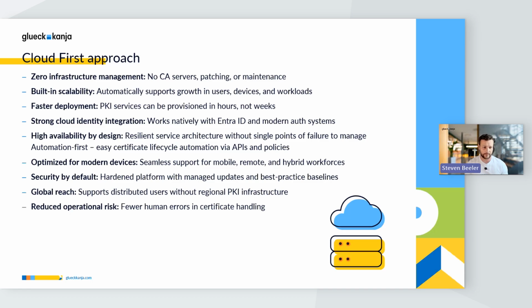So it's pretty secure by default. The global reach we already talked about. And I think this is also a good point: you have a reduced operational risk since you don't have to set up all these servers and services yourself. It's all done automatically in the background. You can also reduce human errors, and I think this is one of the biggest points, especially with certificate handling, where it's important that you don't have any human errors in it.